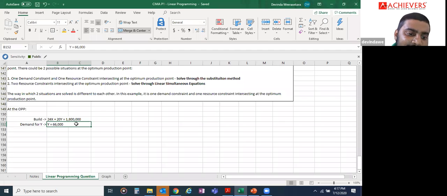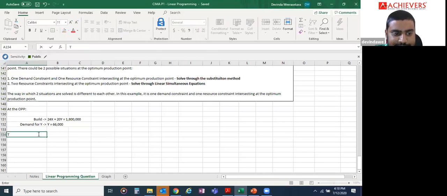So now the only thing you have to do is substitute the value of Y into the build equation and obtain the value of X. The value of Y you already know, it's given as Y equals 66,000.